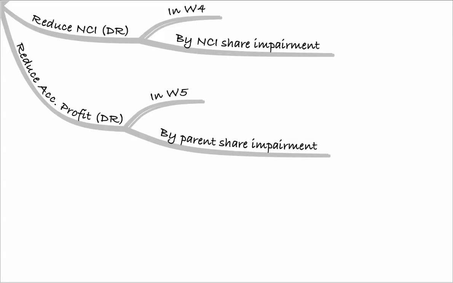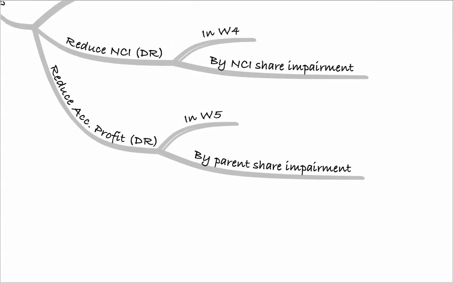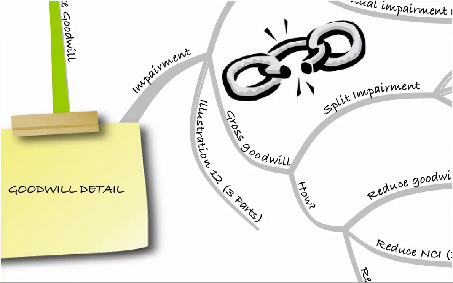So effectively we credit goodwill with the total and we debit working 4 and working 5 with the share that they require. We looked at illustration 12. There were 3 parts to this, including a full statement of financial position to do. Again, it covers this in detail, so make sure you can do all of those illustrations.